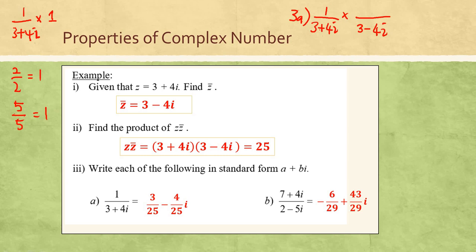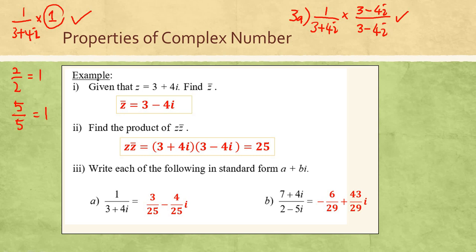So since we want to rationalize, we need to use the complex conjugate at the denominator here, 3 plus 4i, which is 3 minus 4i. So on top also you have to use 3 minus 4i. So 3 minus 4i over 3 minus 4i is also equals to 1. So this you can use.